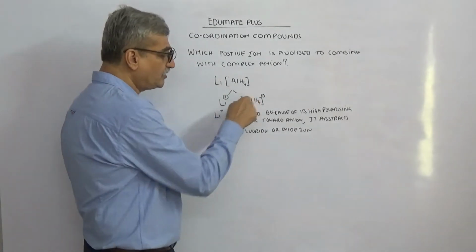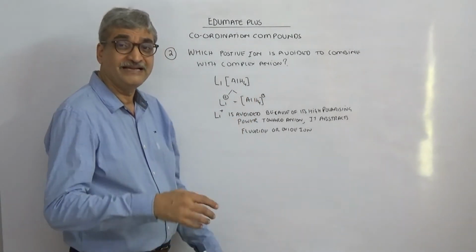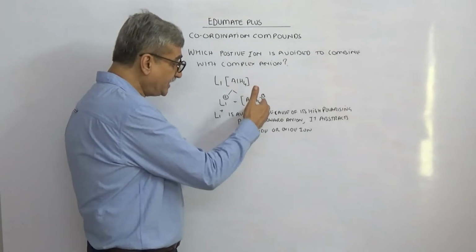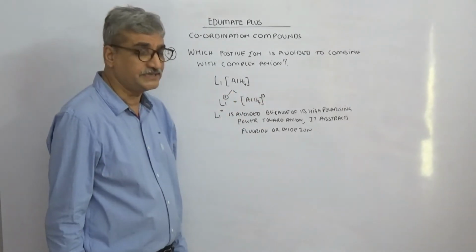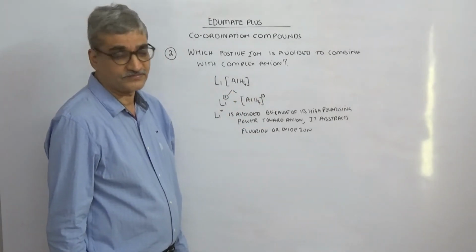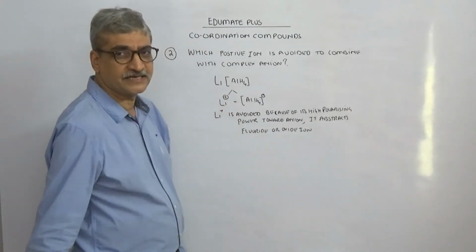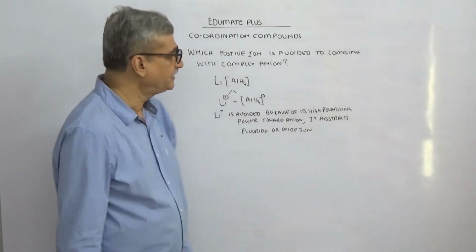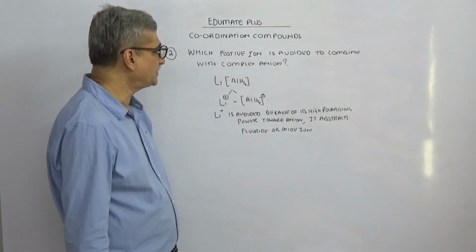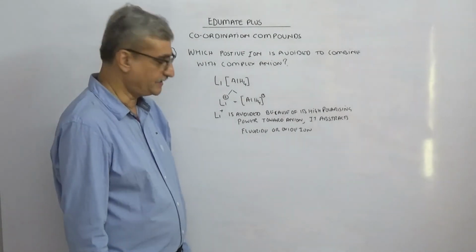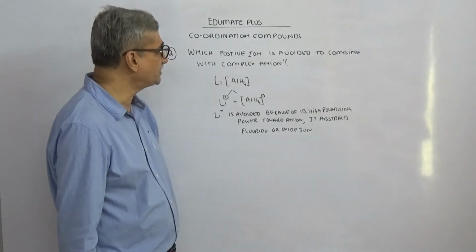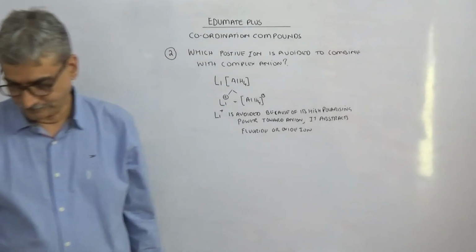This survived because it did not form lithium hydride. Because it's hydride, it survived. Otherwise, the oxide and the fluoride will not survive. So generally, lithium as a cation is avoided when forming a complex with a complex anion. So this was one more observation.